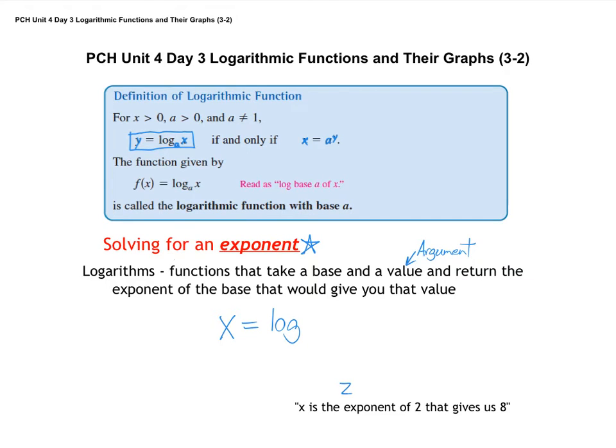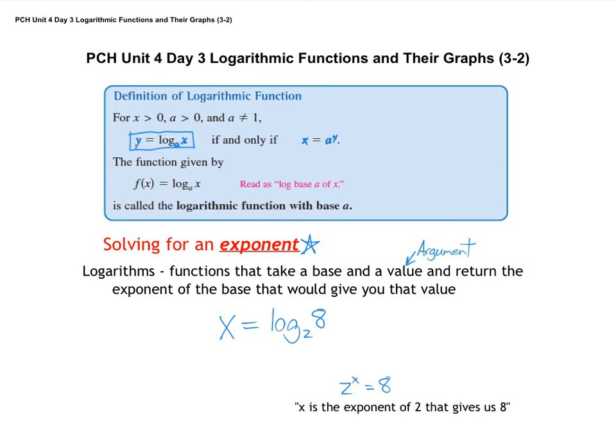Okay? Now, what is x the exponent of? Alright, basically here we're saying 2 to the x gives us 8. So we're saying that the base here is 2, and that the value that 2 to the x equals is 8. So 8 is our argument.